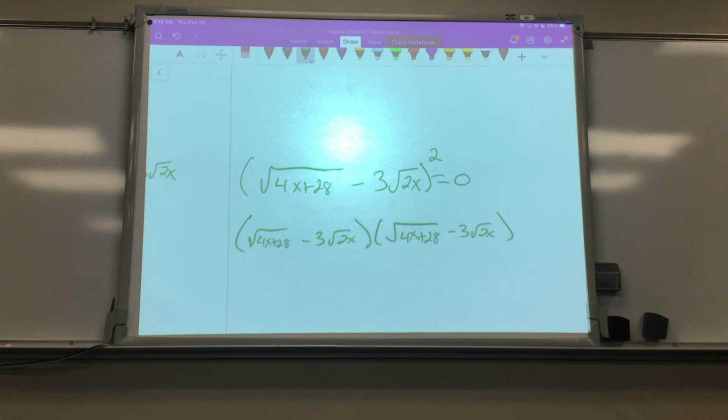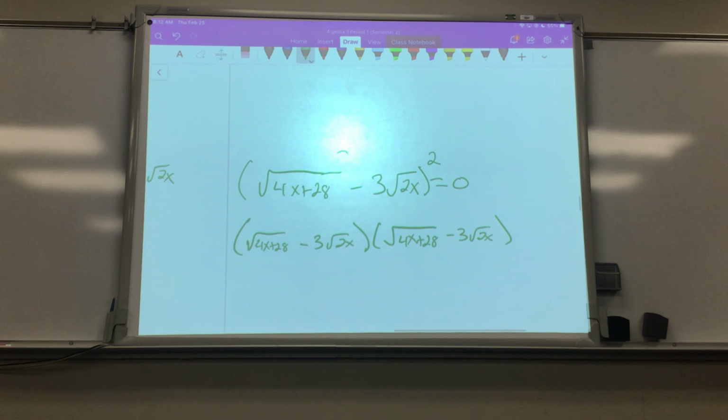That's not something I want to FOIL out anyway. Okay, so you need to remember, if you see 2 radicals, get them on each side of the equation, then square it. Or cube it, depending on what type of function it is. But it's not a matter of just squaring both. When you square something on an equation, it has to be squaring the whole left side, squaring the whole right side.